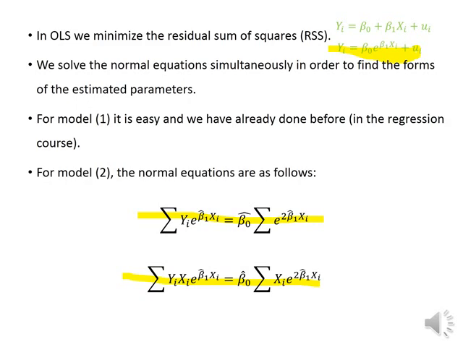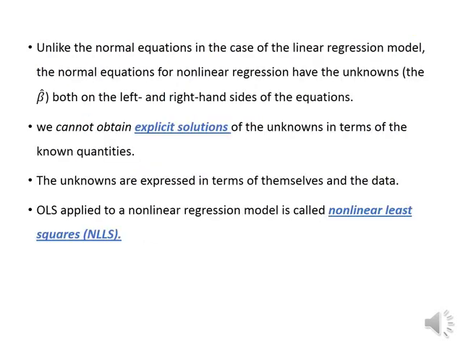You cannot find the explicit form, the formula like in the linear regression, saying that beta naught hat equals y bar minus beta 1 hat x bar, or beta 1 hat equals summation of deviation xy over summation of x squared. We cannot find these explicit forms.